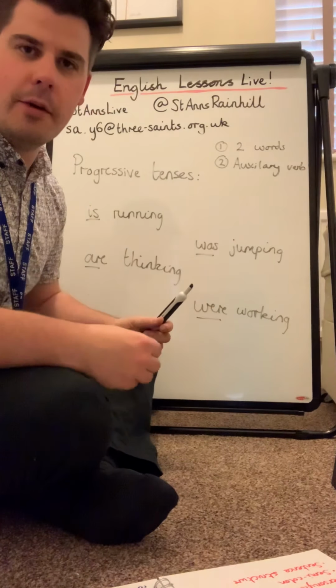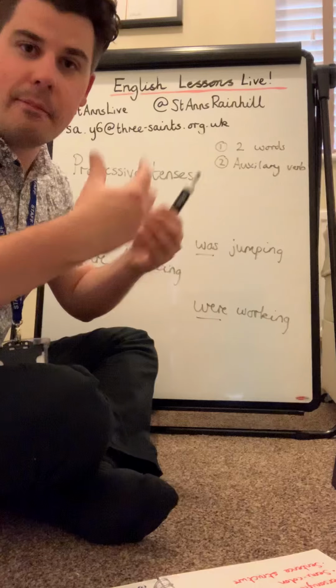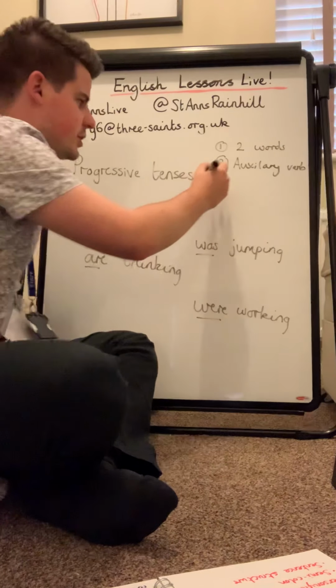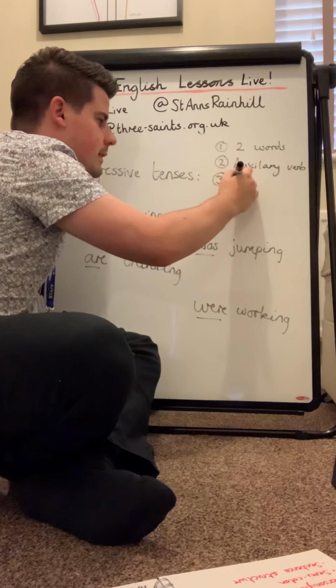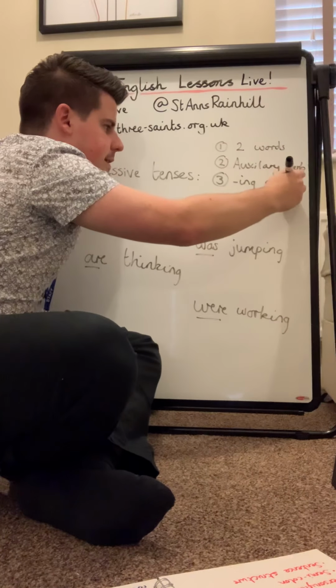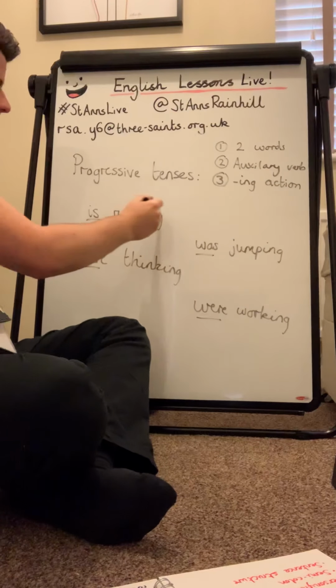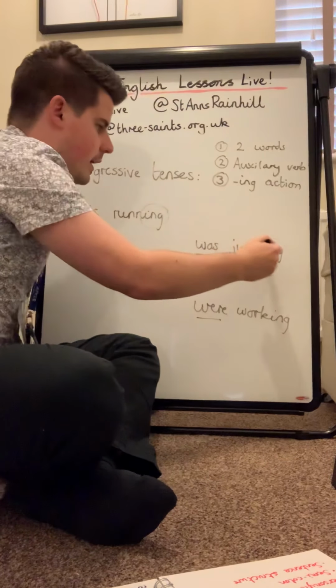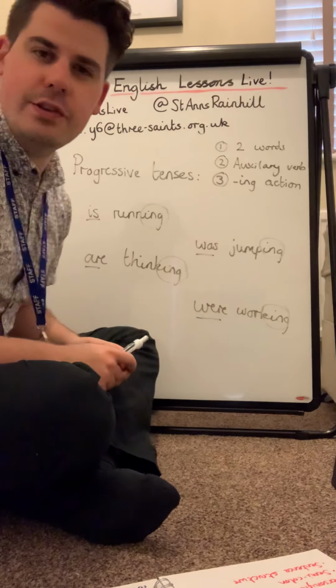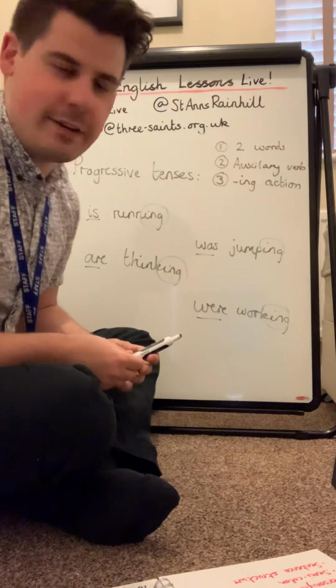You know, I am, I'm there, I'm existing. So they all need the auxiliary verb, and they also all need the ing action. That's your biggest clue for something that's in progressive. It ends with ing. It has both words, an auxiliary and then an ing verb at the end of it.